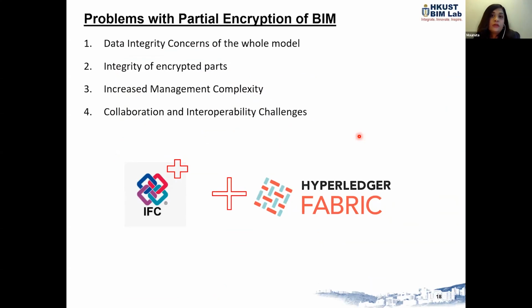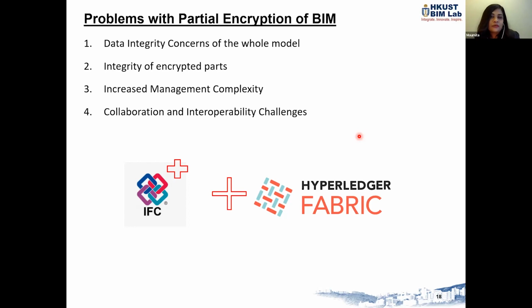Although partial encryption like that has benefits of its own, it also comes with certain problems. For example, data integrity concerns of the whole model. To put it simply, if you have a BIM model where you have encrypted different parts with different encryption keys, the integrity of the whole model may be questioned because there are relations between individual parts.